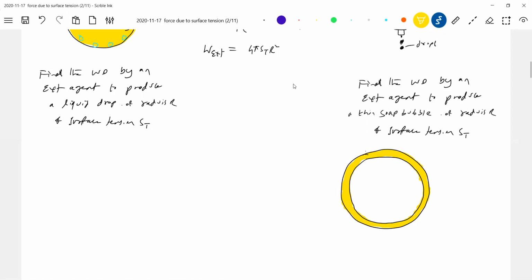And now this is the radius R. Here also air will be there. How many surface areas? This is the outer free surface, and this will be the inner.